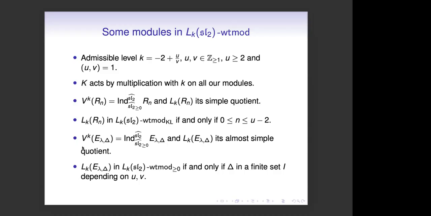So these are very few, but they all appear. And if they appear, their appearance only depends on the Casimir eigenvalue. The weight label is always okay. So almost simple means that every non-trivial submodule intersects the top level.